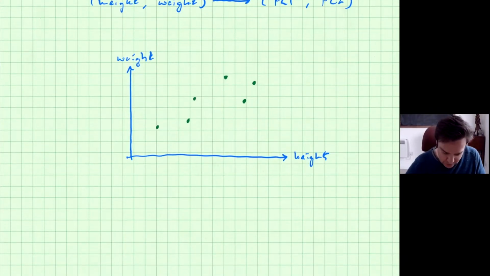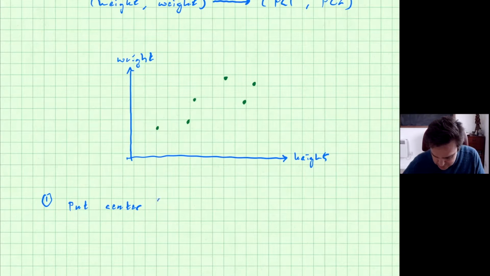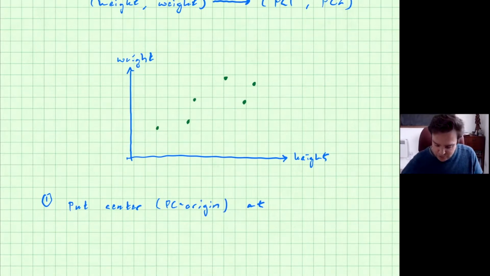So the very first thing you do, I'm going to just lay out kind of in its steps here what you do. First step, put the center or origin, the principal component origin, at the most kind of natural place you might think.